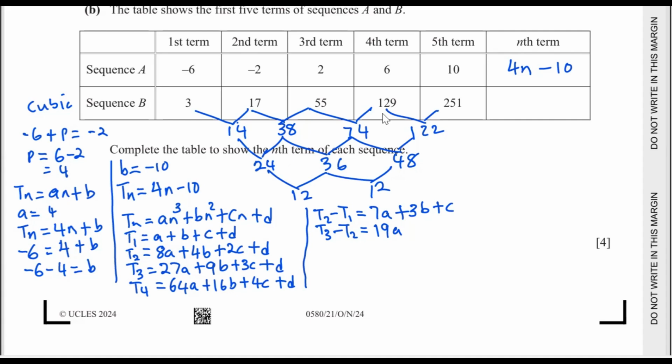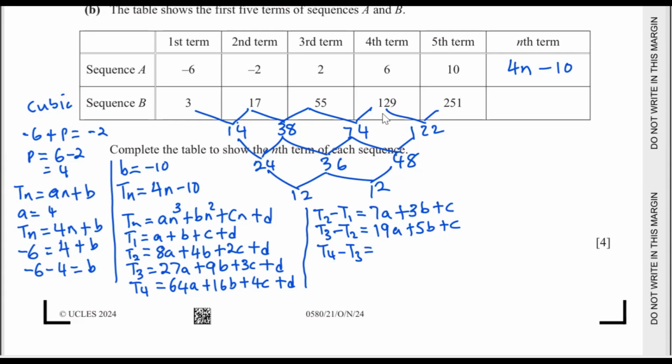Now look at 9 minus 4, which will give us 5b. We now look at 3 minus 2, so we have c here. Now if you look at T4 minus T3, that gives us 64 minus 27.